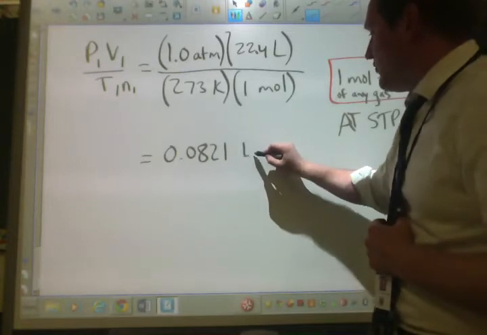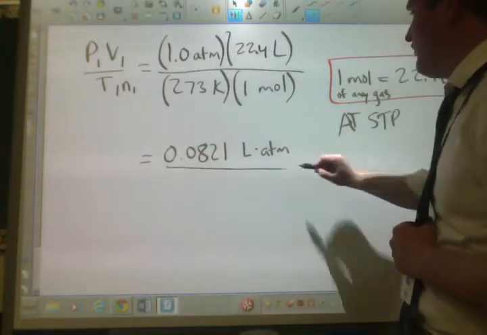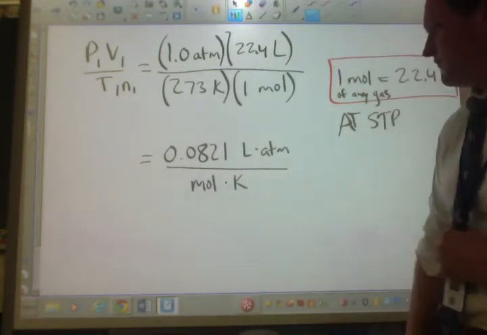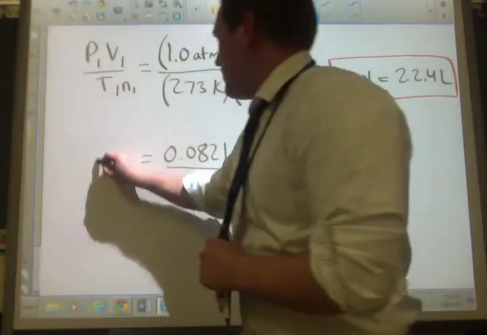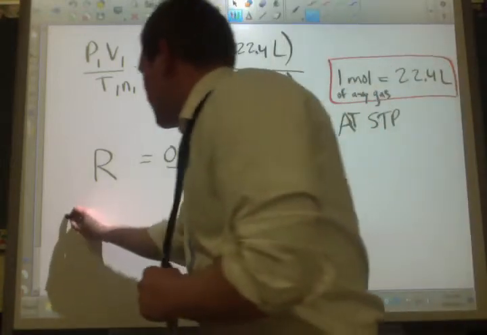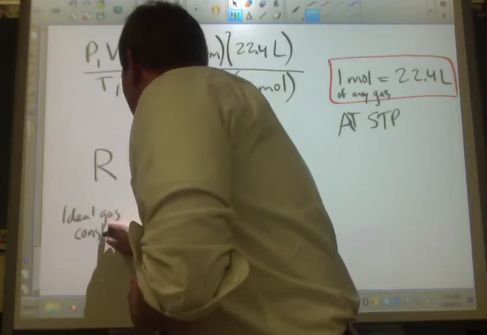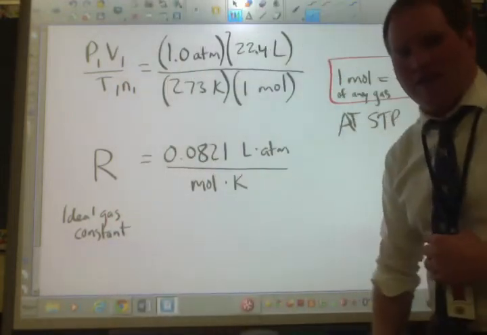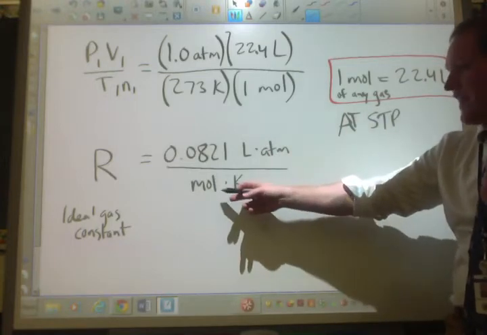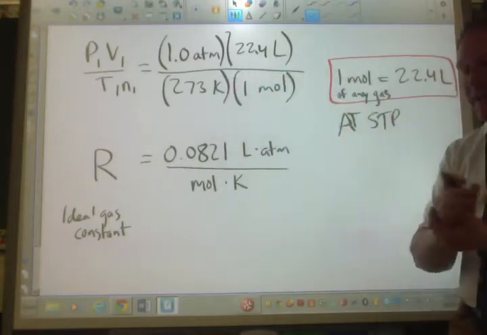The unit for this is going to be liters times atmospheres over moles times Kelvin. This is R. R is the ideal gas constant. So that describes what a mole of gas at standard pressure, standard temperature, behaves like.